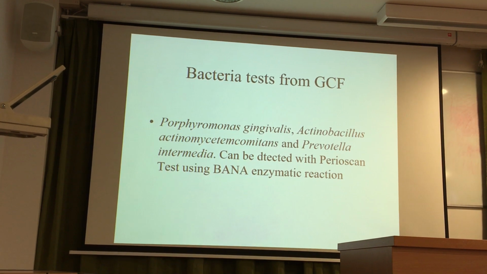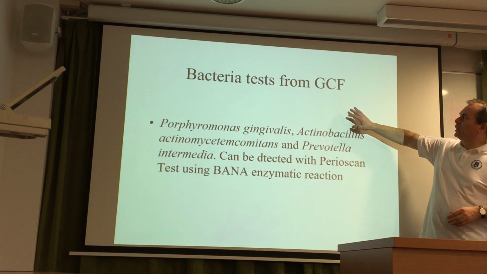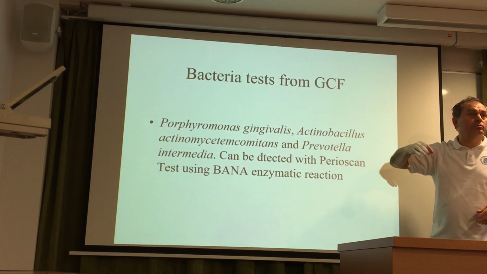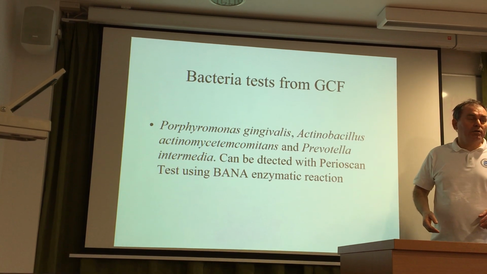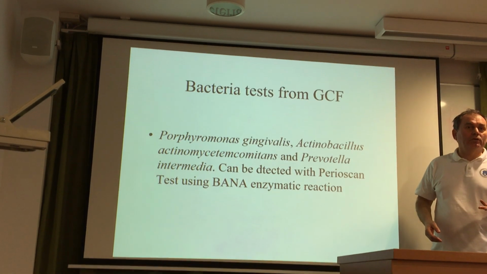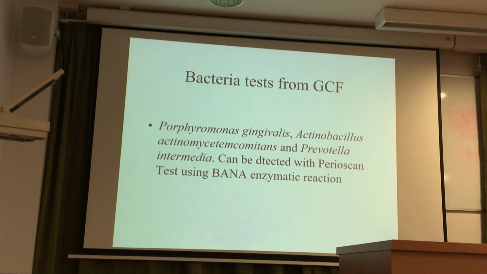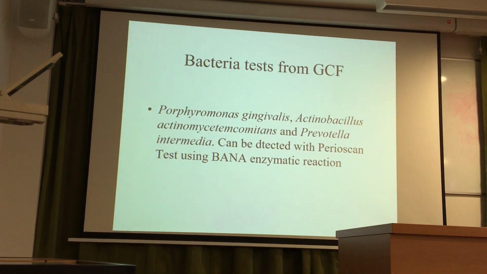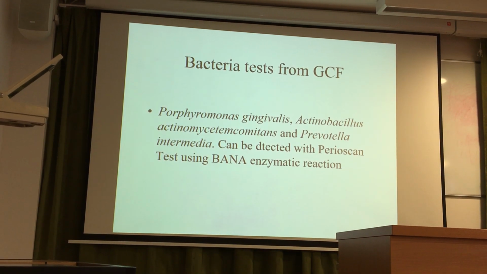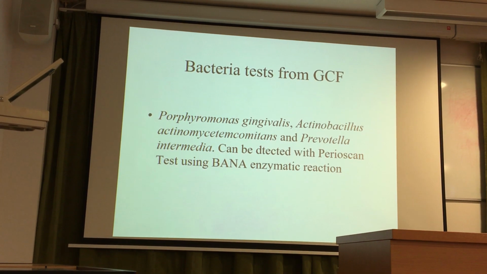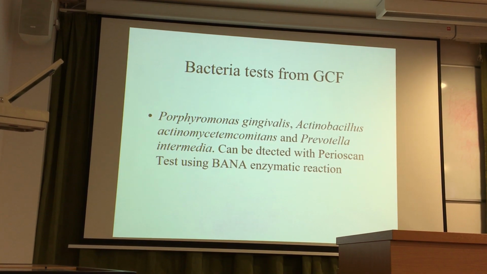And we have bacterial content changes, bacterial tests from the sulcus fluid as well. I mentioned that not only the host metabolism and the defensive capacity of the host can be changed, but the bacterial content could be wrong, the flora could be wrong, and this could lead to periodontitis.